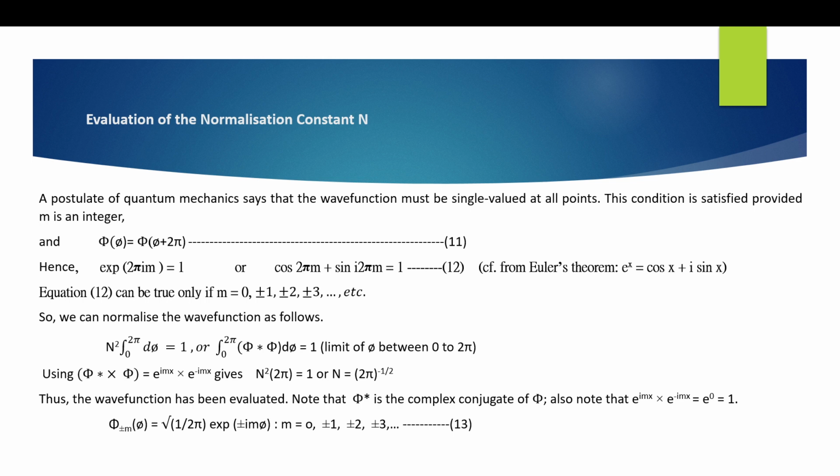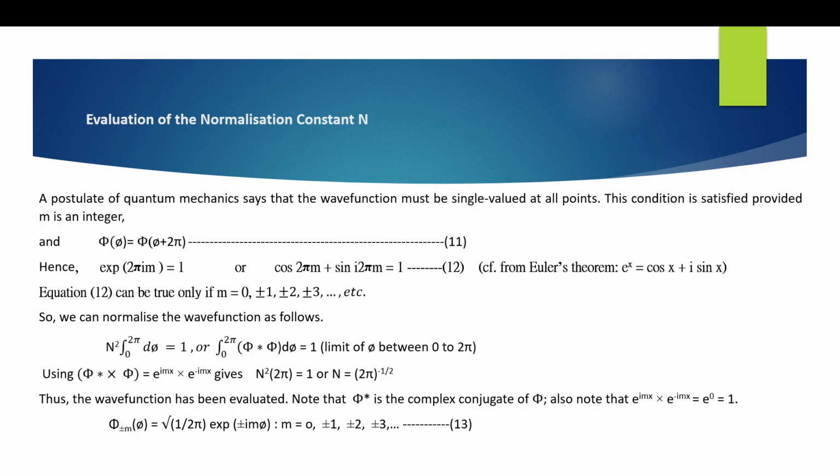Normalization can be done following the postulate of quantum mechanics. One postulate of quantum mechanics out of 7 says that the wave function must be single valued at all points. This condition is valid provided equation 11 is valid. Phi of phi equal to phi of phi plus 2 pi.